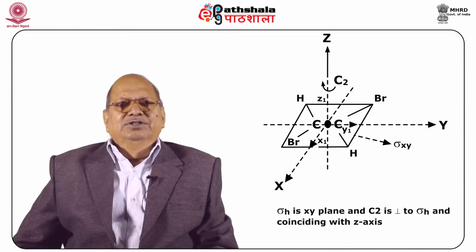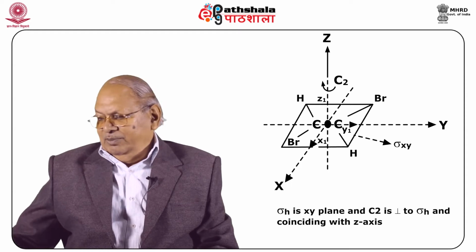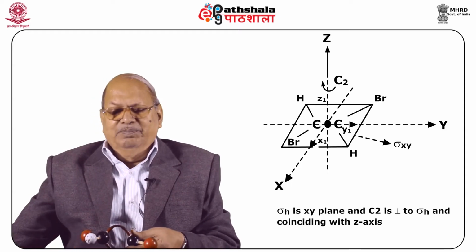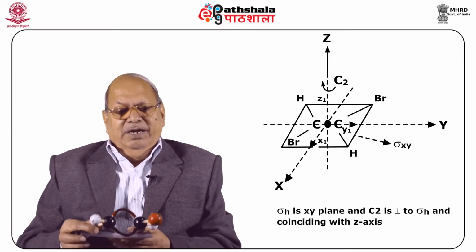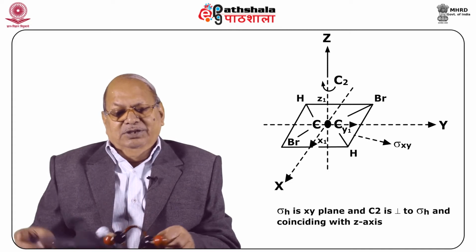Now, for getting this into the module, I will just take the example of the C2H point group. In the C2H point group, I will take the example of a molecule, dibromoethylene. The molecular structure of dibromoethylene is like this, where the red balls represent bromine, and the molecule lies in this plane.